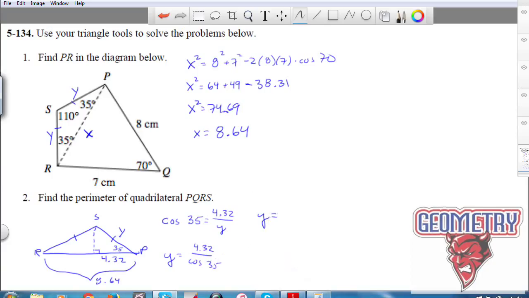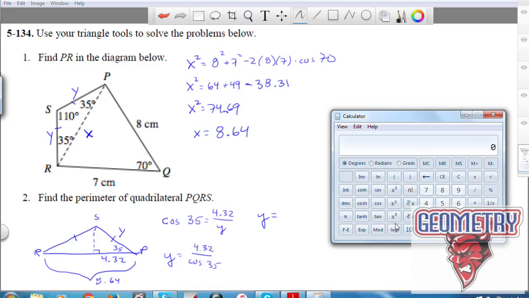So let's figure out what that is. So we have 4.32 divided by, parentheses, the cosine of 35, close parentheses, so 5.27.